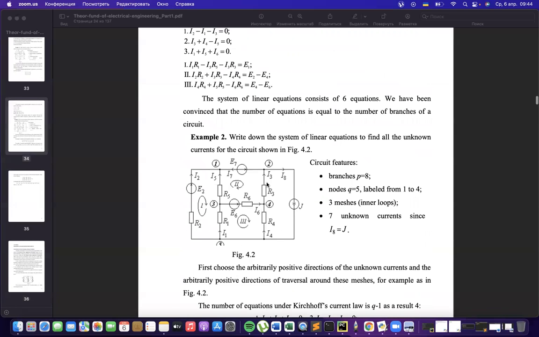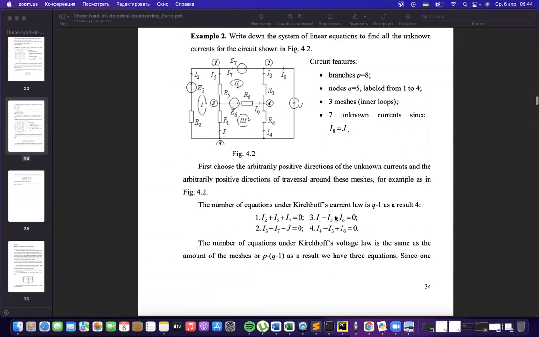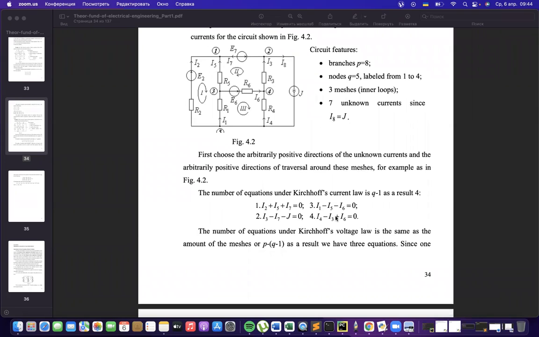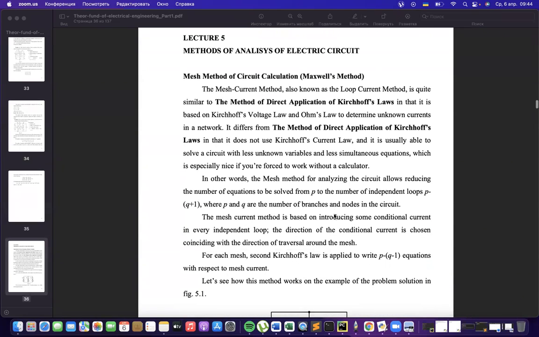As we see here, for example, number 2, the number of equations became 7, and it is quite a high amount, because if you don't have, for example, a computer, or in any case, mathematically, it will be a matrix 7 by 7, 7 rows, 7 columns.